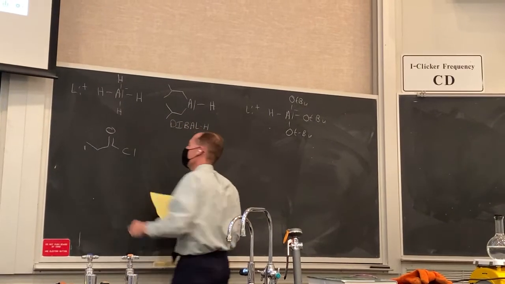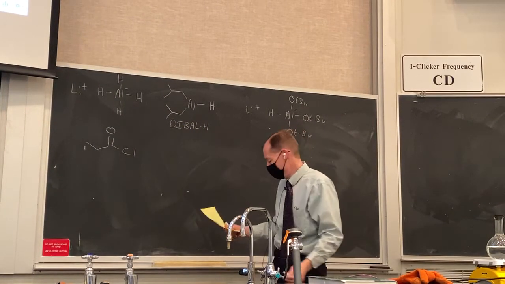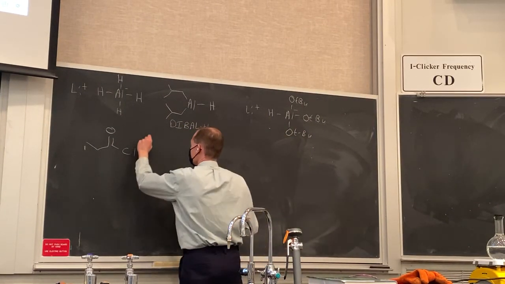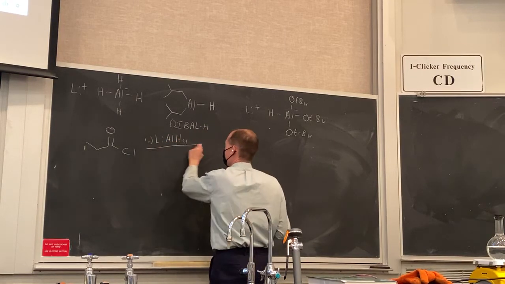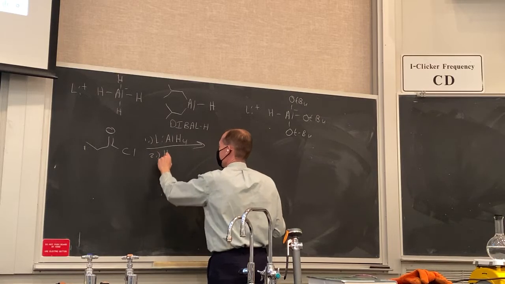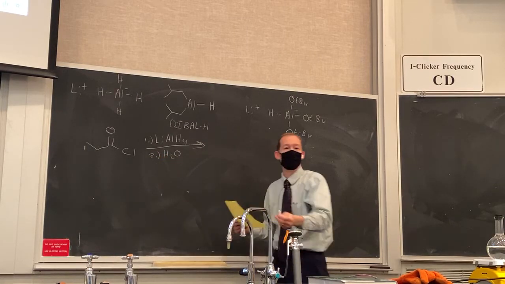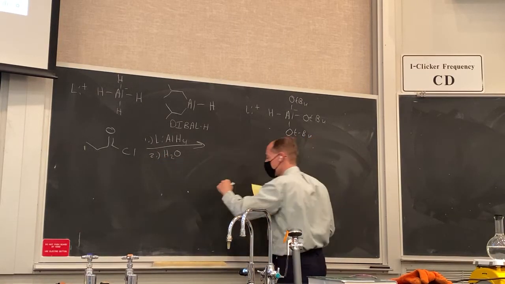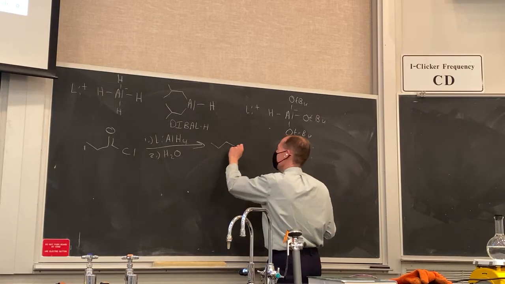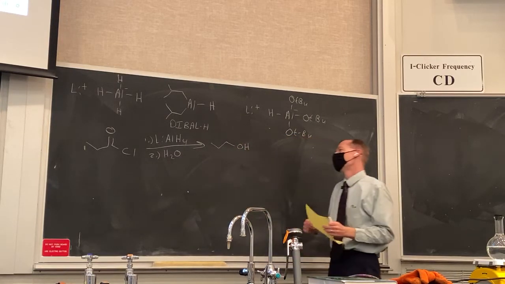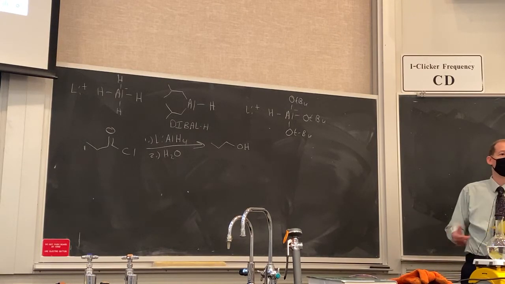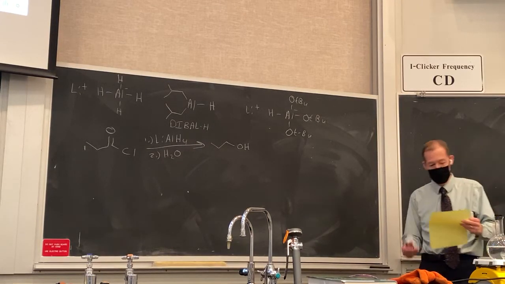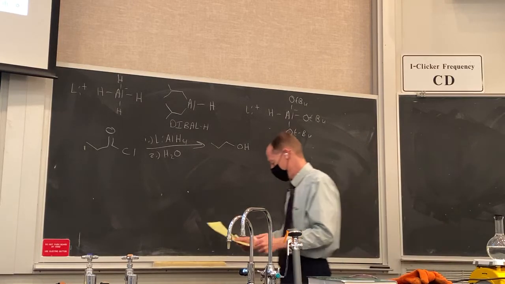So if we take an acid chloride and we react that acid chloride with lithium aluminum hydride, followed by the addition of water, remember we have to do that in 2 different steps, we're going to get the primary alcohol. We get a lithium chloride byproduct as well, but we're not going to draw the inorganic byproduct. Okay?